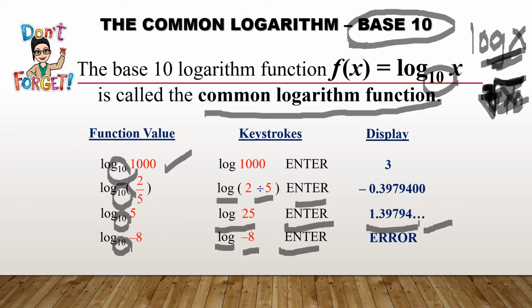Since 10 is our base here, when you check for that, there is no exponent for 10 that will give us a negative result. That's why it's error in the calculator.